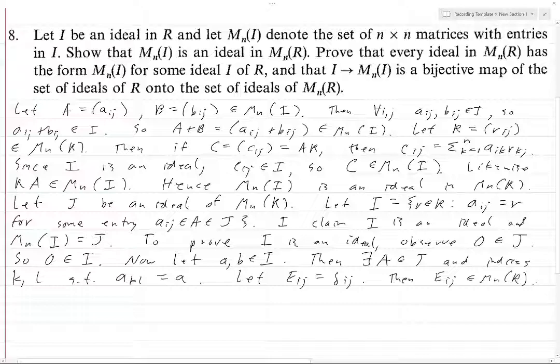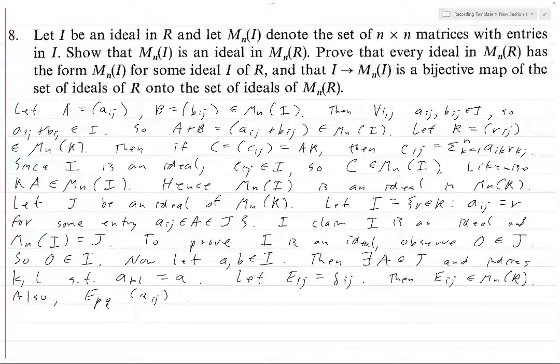Let's see here. Also, E_pq times the matrix A is the matrix that is 0 except for the pth row, which contains elements q1 through qn.